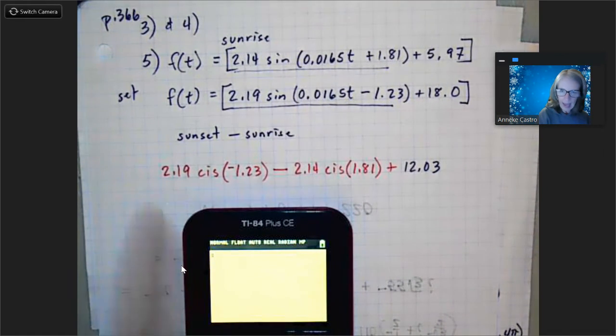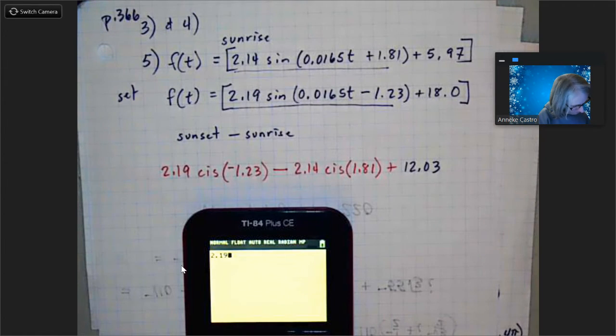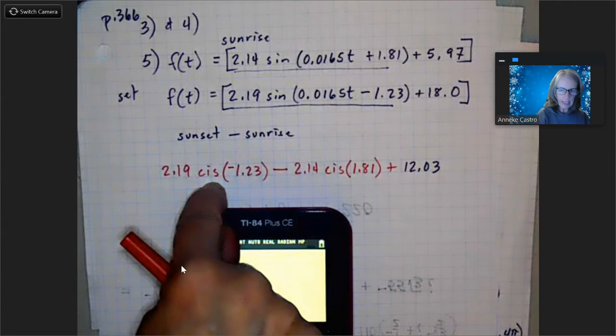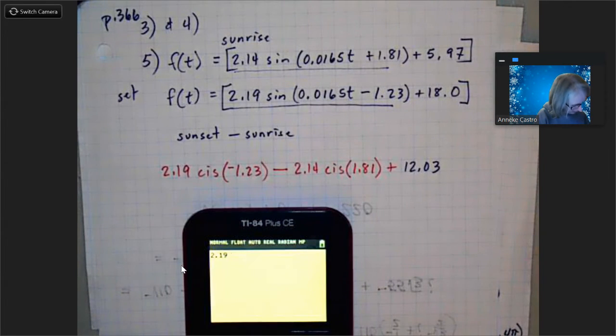So I'm going to enter this into my graphing calculator, 2.19. And remember, when I have cis, I have to enter it in Euler form. So I'm going to do second to get my e to the, and it's going to be negative 1.23 i.